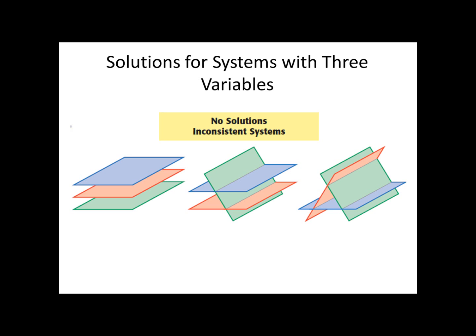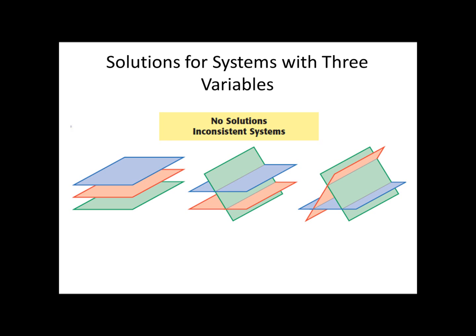Now, it's possible for these 3 equations to create 3 pieces of paper that are parallel, like we see here in this first picture. Since these planes don't intersect, these equations can never equal each other. So that has no solutions.